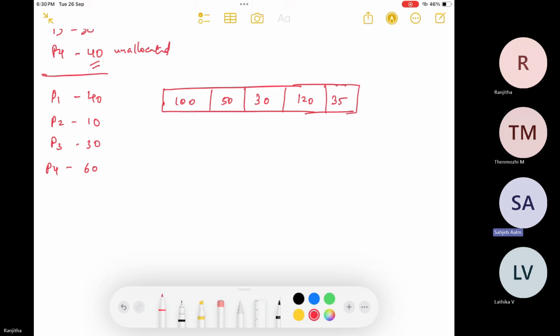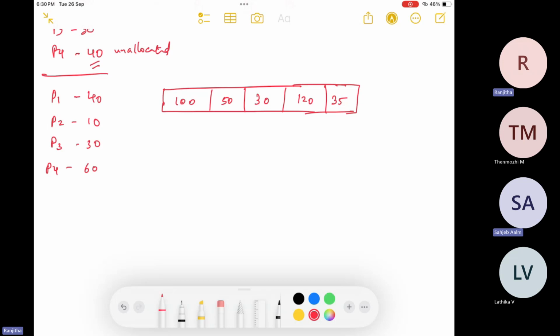Now, in case of best fit, P1 is 40, so it will scan all the available blocks and choose the one which is best fitting 40.